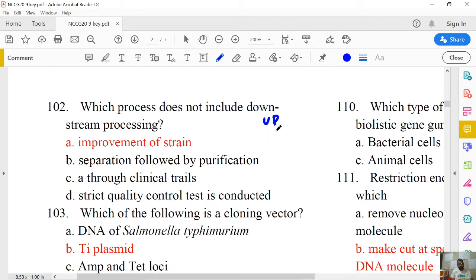Here there will be production of whatever the desired product is. This is where we use the fermenters. Upstream processing is where the suitable strain is generated. Once the upstream processing is completed, then comes the production, then the downstream processing. So improvement of strain is part of upstream processing, not the downstream processing.